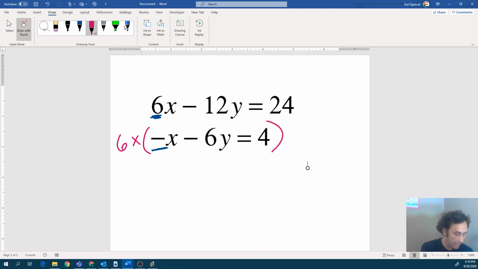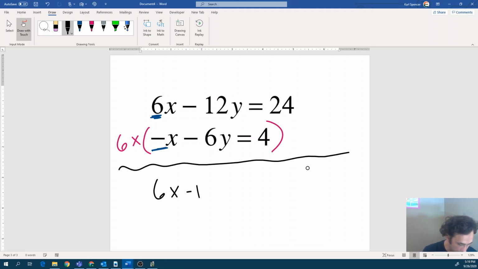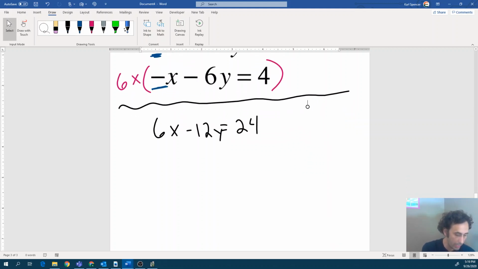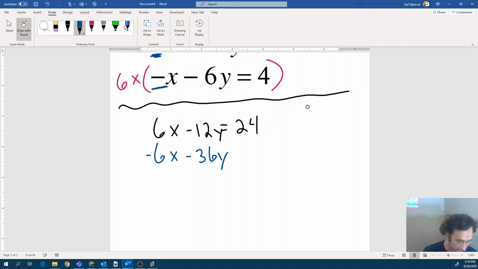So if I multiply that whole second equation by 6, I would still have that first equation as what it is. But that second equation will turn out to be negative 6x minus 36y equals, if I could do my numbers right, that'd be helpful, positive 24.